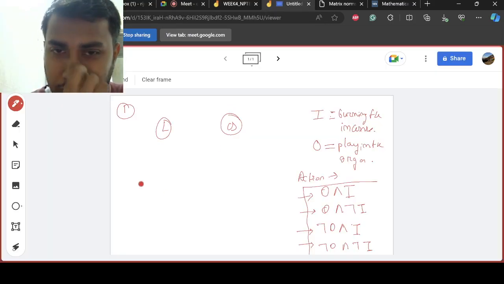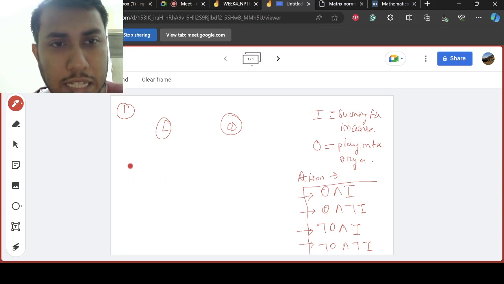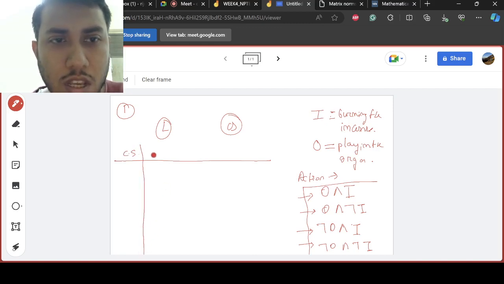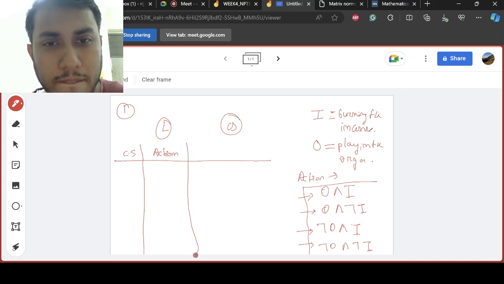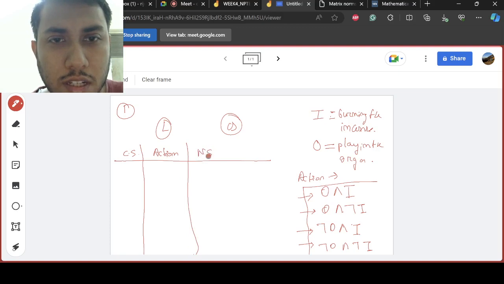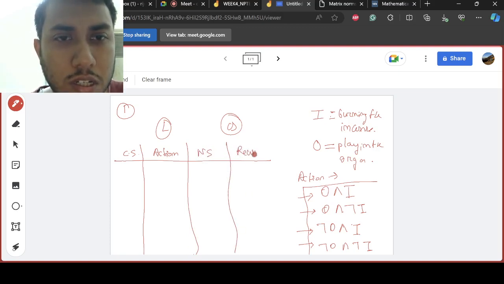So now we need to find out the state table. You have your current state, you have your action, you have your next state, and you have your reward.